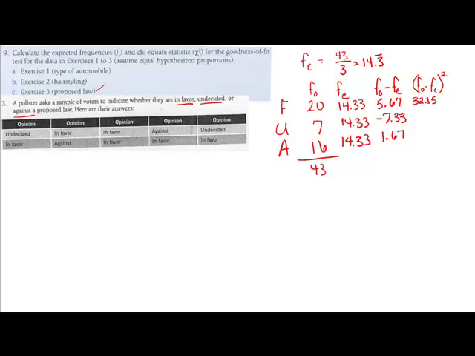We're introducing some rounding error here, but I'm running out of screen space. 7.33 squared is 53.73. 1.67 squared is 2.79.